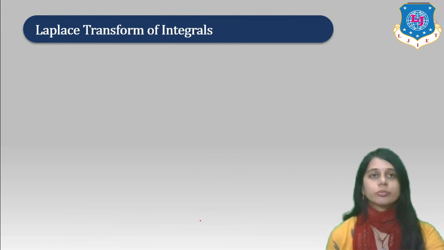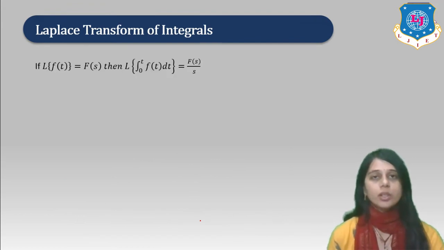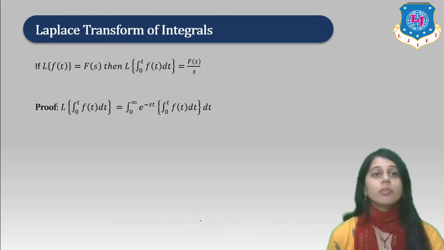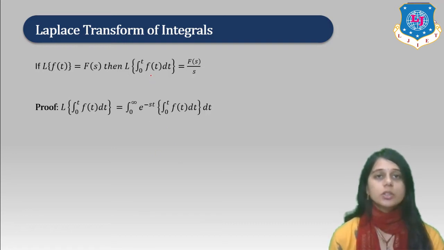Next, Laplace transform of integrals. If Laplace of f of t equals F of s, then Laplace of integral 0 to t f of t dt is F of s by s. Proof of this theorem: integral 0 to t f of t dt.